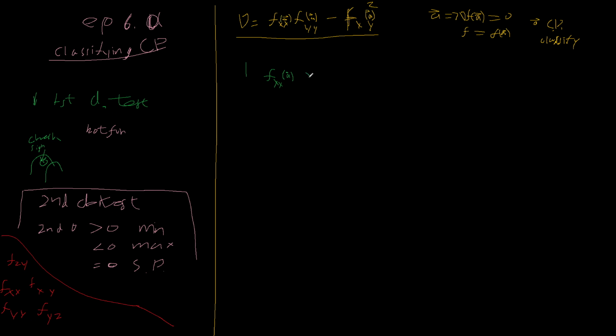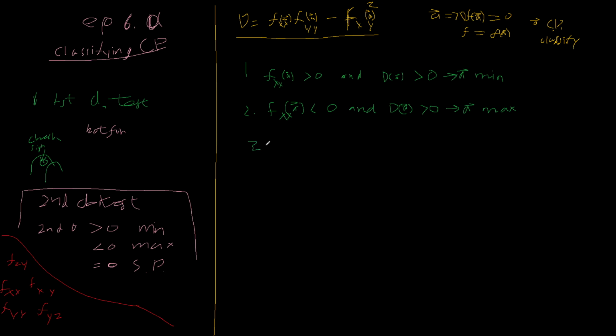First, if f_xx at A is strictly greater than 0 and D at A is strictly greater than 0, then A is a minimum. Second, suppose f_xx at A is less than 0 and D is still greater than 0; then A is a maximum.